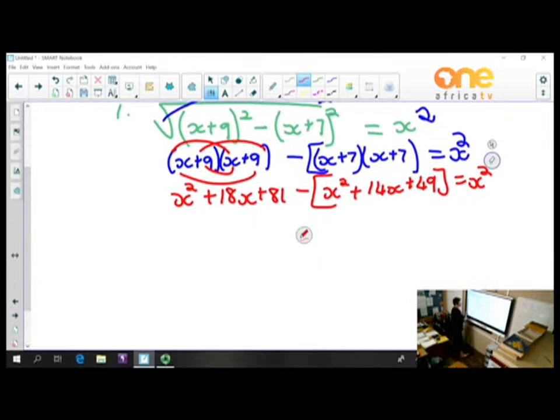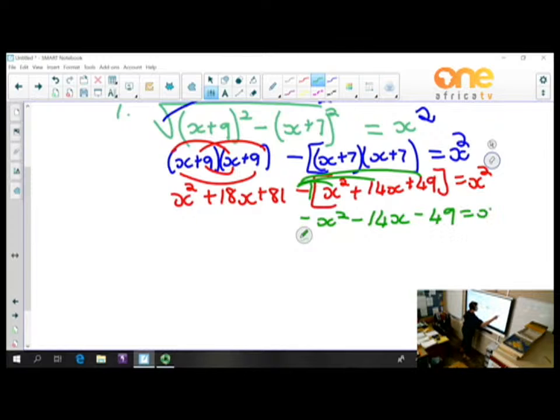Quite a large sum. Now here all the signs are going to change because I multiply by a negative 1 in each one there. So then it is negative x squared, negative 14x, negative 49, which is equal to x squared.